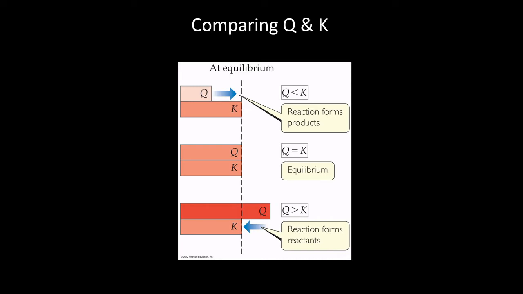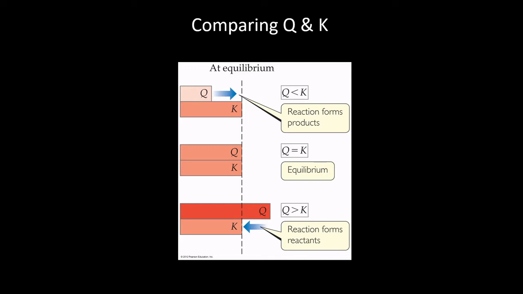One of the useful things about the reaction quotient is if you know the equilibrium constant and you know the concentrations of everything in the mixture, you can actually work out not only if the reaction is at equilibrium, but which direction the reaction is going to move to reach equilibrium.